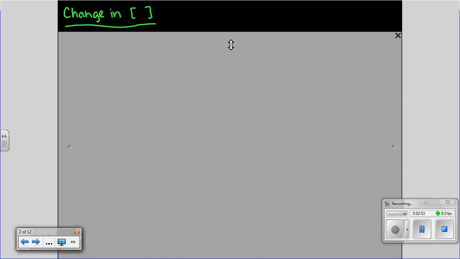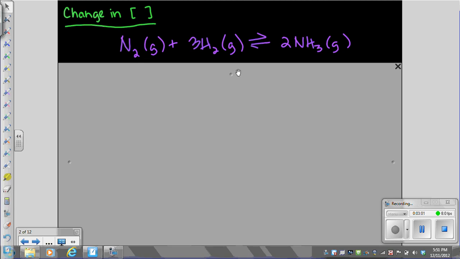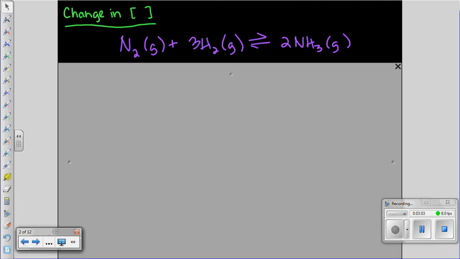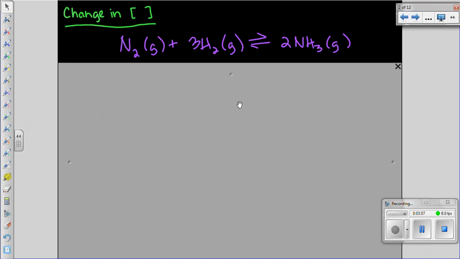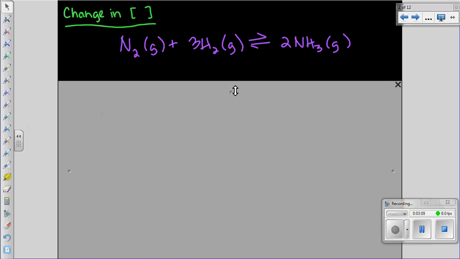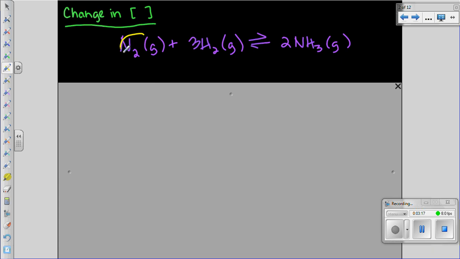So the first thing we want to do is look at a change in concentration. And I want to start by looking at a balanced chemical equation. And we're going to use nitrogen plus 3 moles of hydrogen gives us 2 moles of ammonia gas. And so the first thing I'm going to do is add nitrogen. So I'm going to increase the amount of nitrogen that I have.